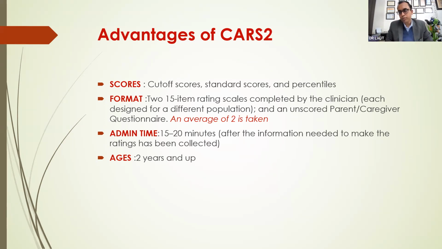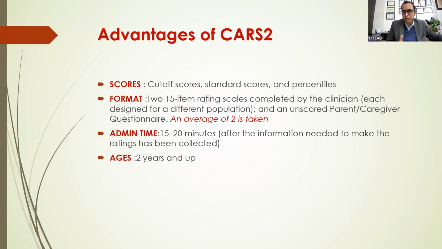The reason is that if a child has traveled from a very long distance, he might not be comfortable, he might be tired, he might not be well fed, or he might show a lot of behaviors in a new setting which he might not show when he is more comfortable or well fed. All those things have to be taken into consideration when doing the scoring. The child might show an extreme behavior in a single sitting when the scoring is being done.